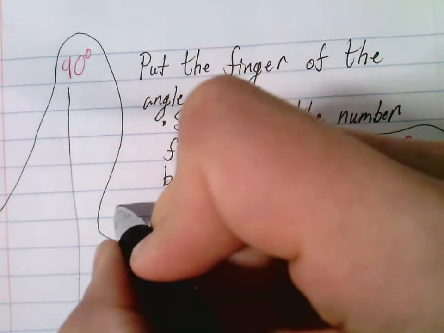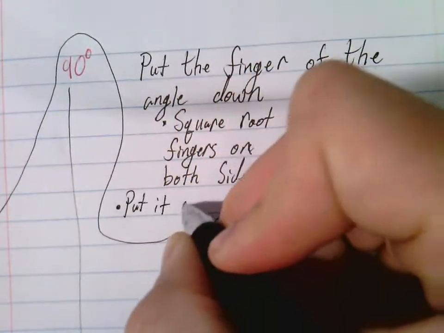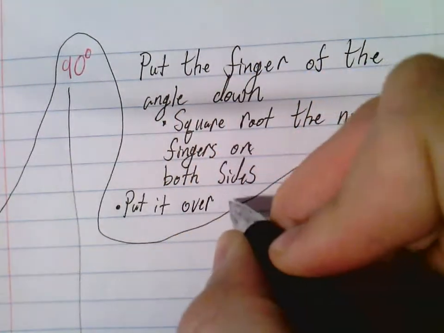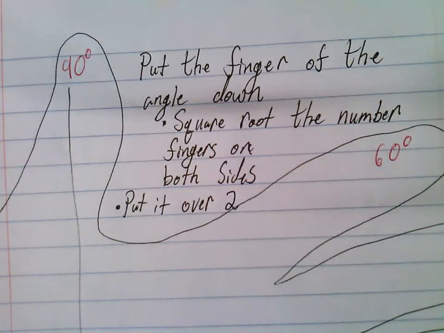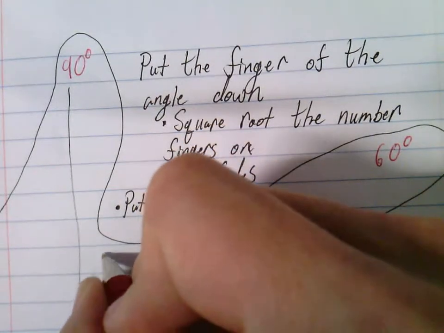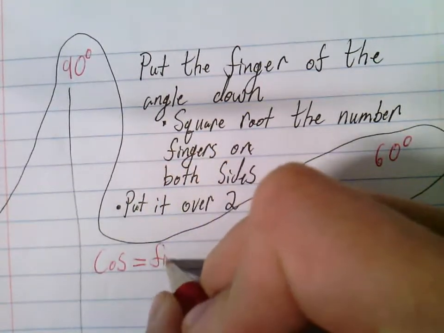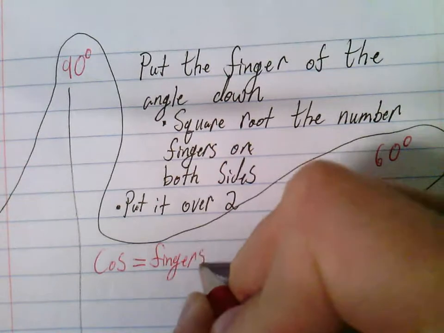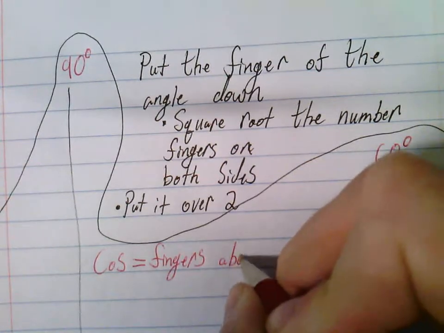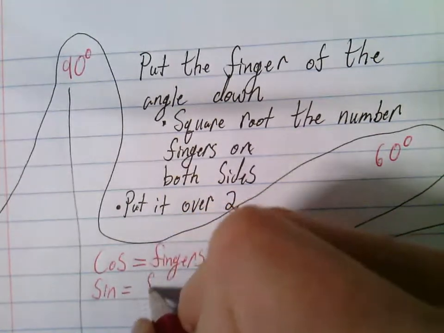And then we'll say this: put it over 2. Cosine will be the fingers above, sine will be the fingers below.